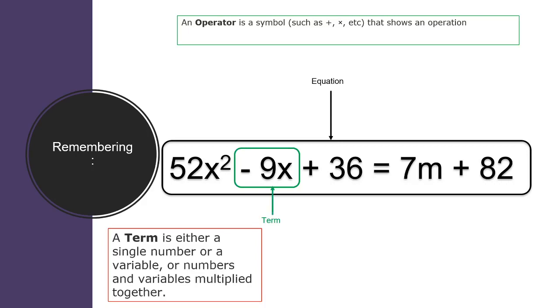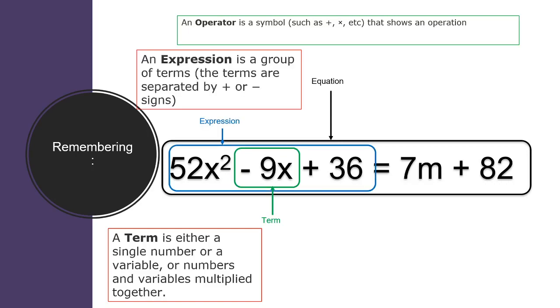Each term is a single number, a variable, or it could be a number multiplied by a variable or a number divided by a variable. So in this case, we have minus 9x squared. The minus is part of that term. We also have 52x squared. We have plus 36, 7m, and plus 82 as terms as well.